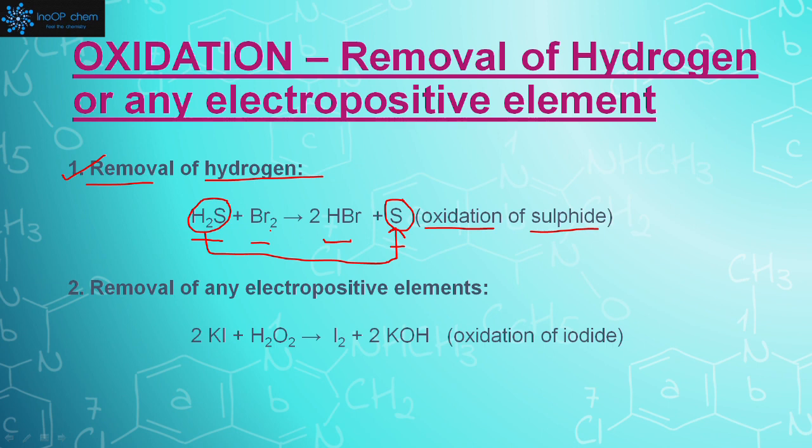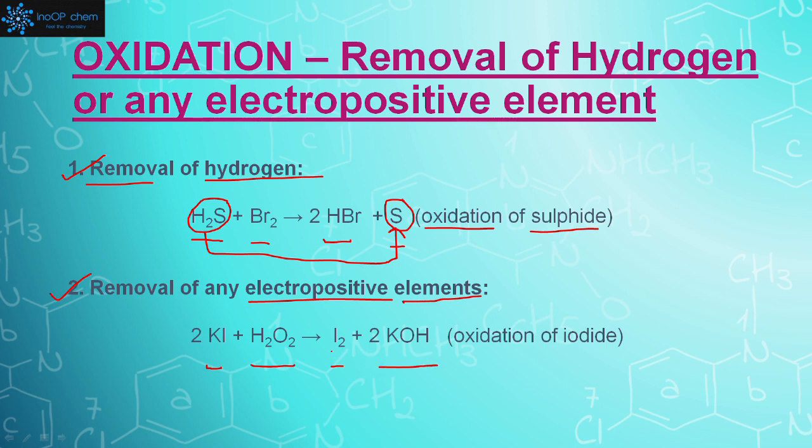The second example is a reaction of removal of an electropositive element. In this reaction, potassium iodide and hydrogen peroxide react to form iodine and potassium hydroxide.